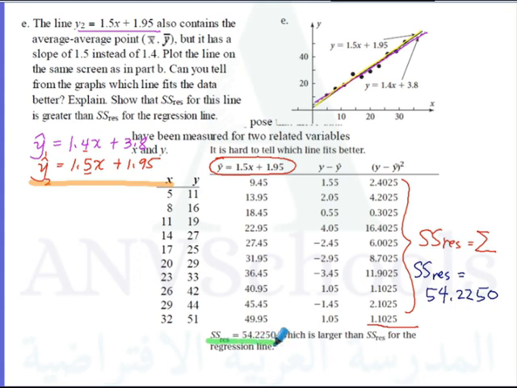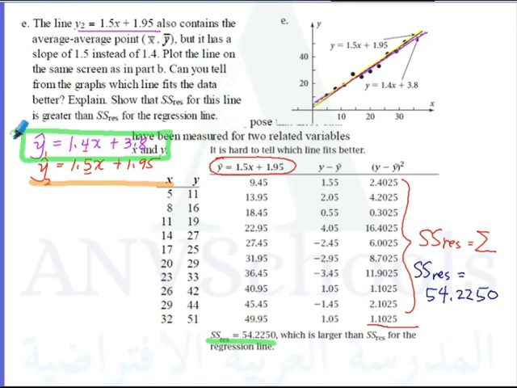Therefore, the better fitting line is the regression line, y equals 1.4x plus 3.8, because it has a lower sum of the squares of the residuals.